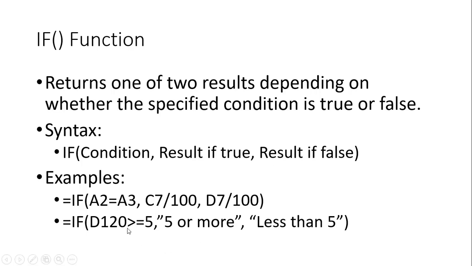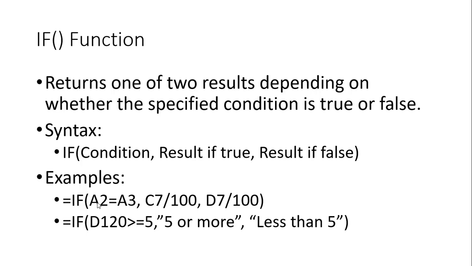So here are a couple of examples just to show you some ways that the if then else function could be used. In this first one, if A2 equals A3, that's our condition. It's comparing A2 to A3. The comma then breaks up our next argument, and it says return C7 divided by 100 into the cell.